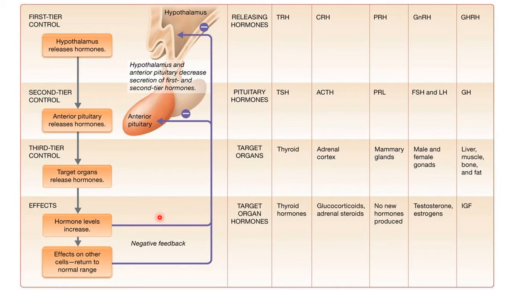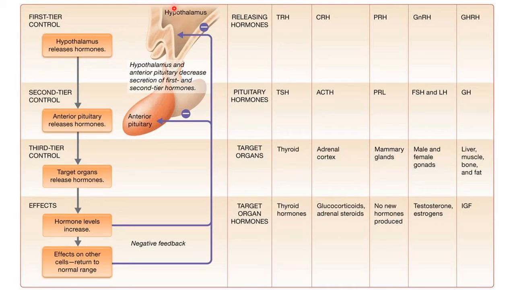That hormone has whatever effects it has, and then you generally also have negative feedback to prevent the further release of stimulating hormone from the anterior pituitary and the release of releasing hormone from the hypothalamus. So one endocrine organ that's controlled in that way is the thyroid gland.